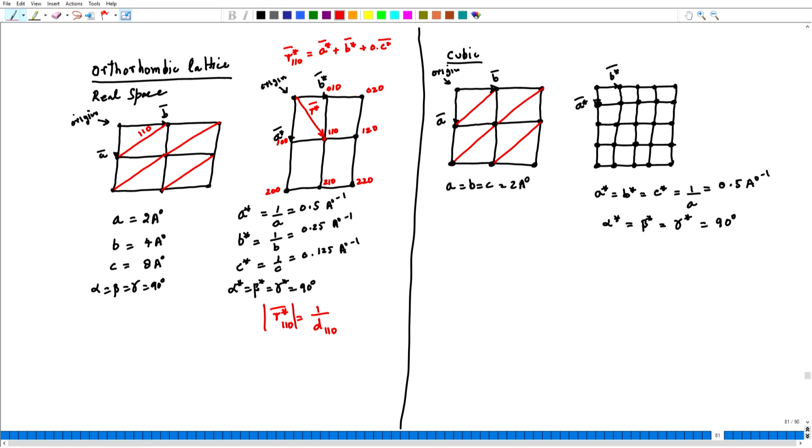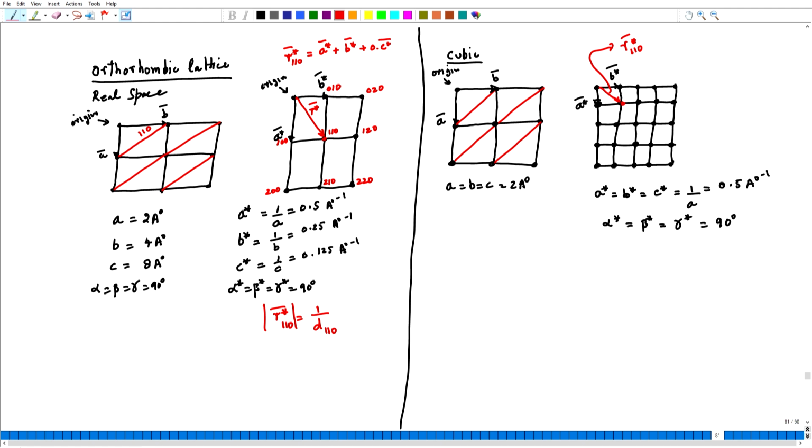In the reciprocal lattice, the set of planes 1 1 0 will be represented by the reciprocal lattice vector R star 1 1 0. This lattice point out here represents essentially the set of parallel 1 1 0 planes in the real lattice.